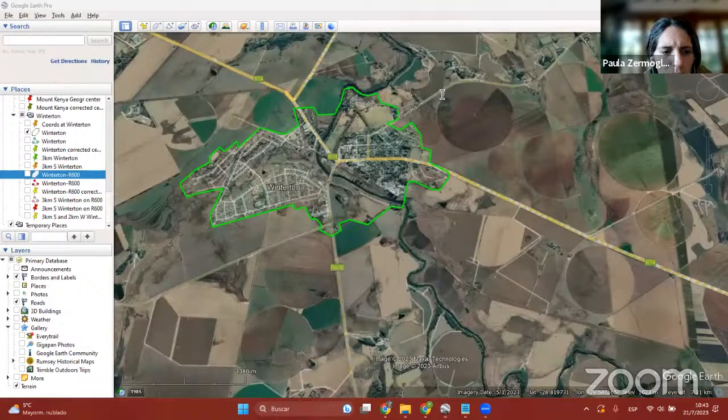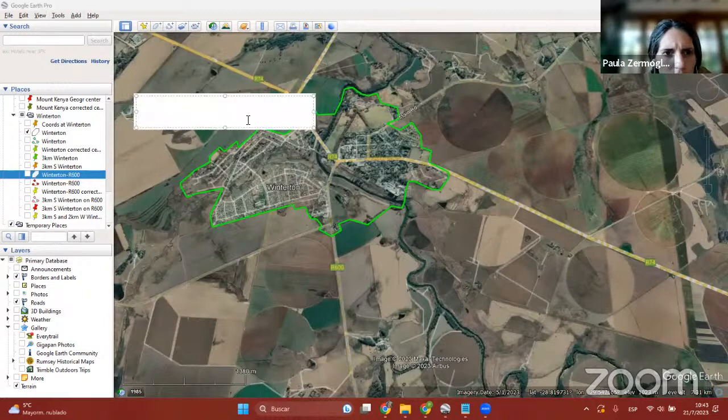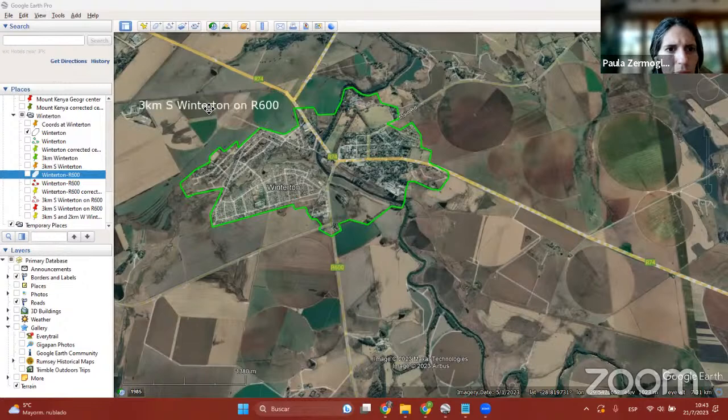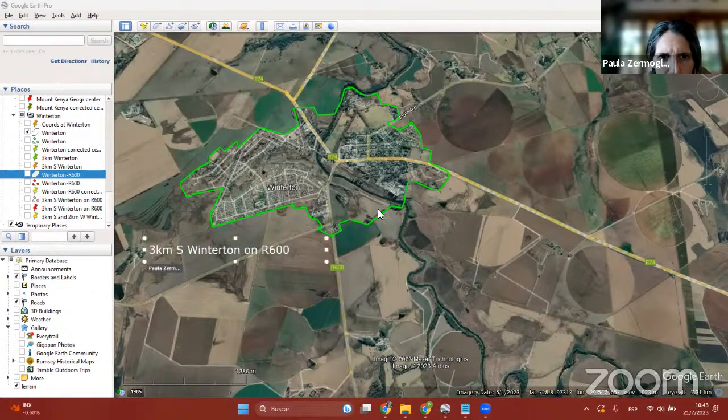Okay. That was the location that they wanted us to georeference. So it's 3 kilometers south from Winterton on R600.